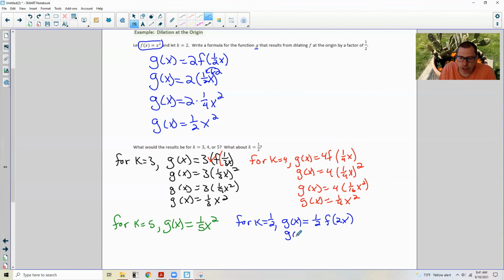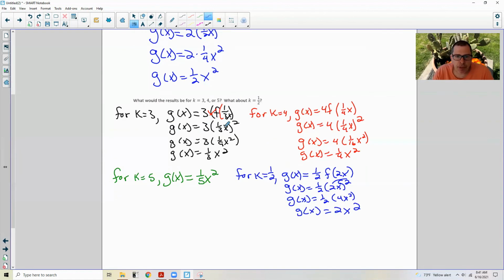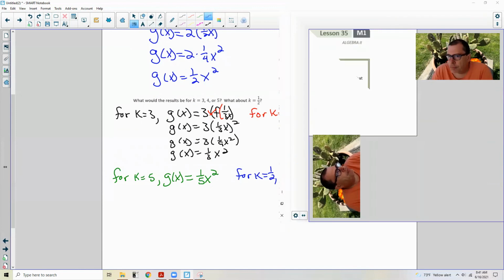So then we get g of x equals 1/2 quantity 2x squared. That will give me g of x equals 1/2 times 4x squared, distributing this. Okay, and then multiply by 1/2, and we get g of x equals 2x squared. Okay, so that's what happens with those k's.